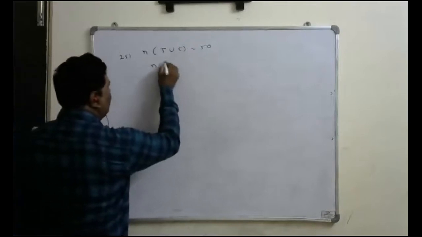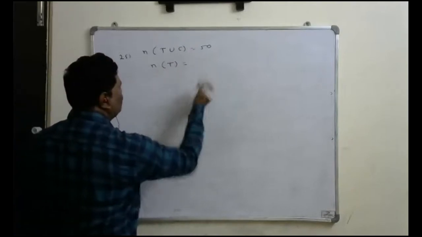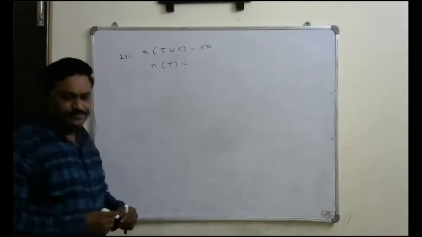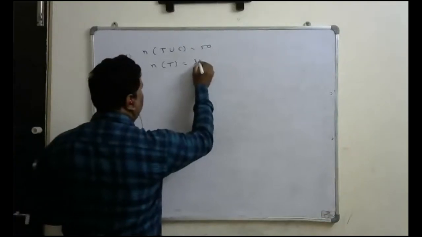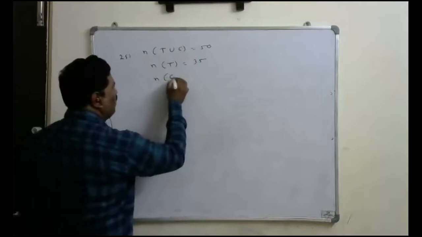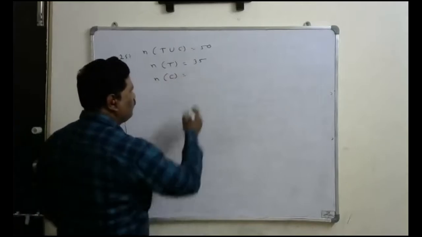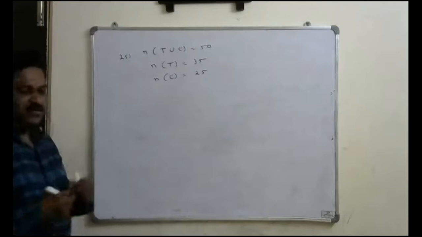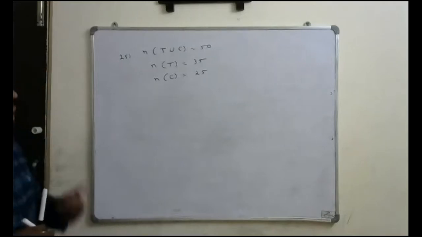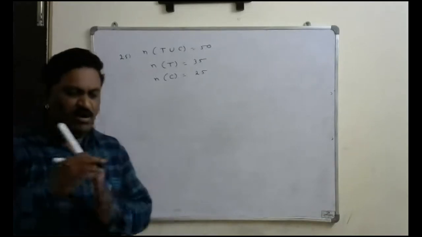And the number of persons who will take the tea is 35. How many persons will take the coffee? 25. Now, how many persons will take the tea only but not coffee?